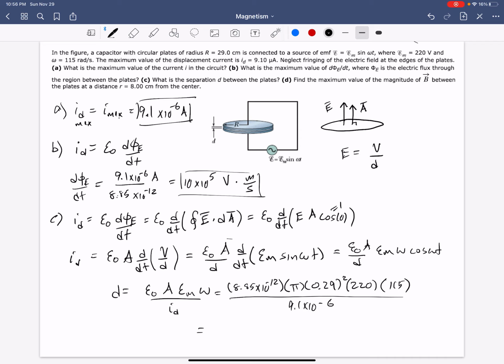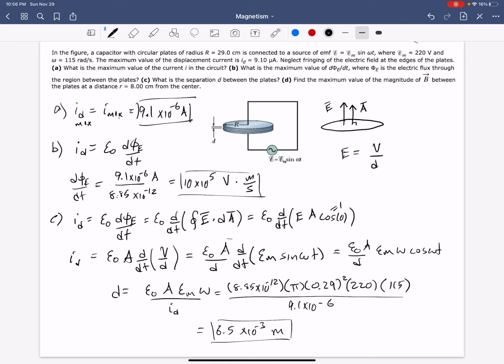Checking my notes, we should get a value of 6.5 times 10 to the minus 3 meters, which is not that far. That's pretty close, only 6.5 millimeters.